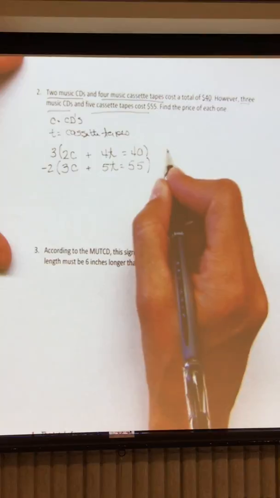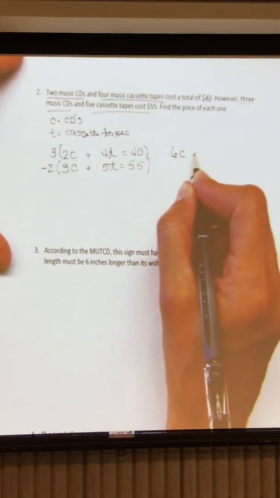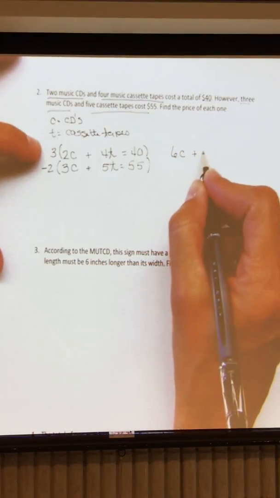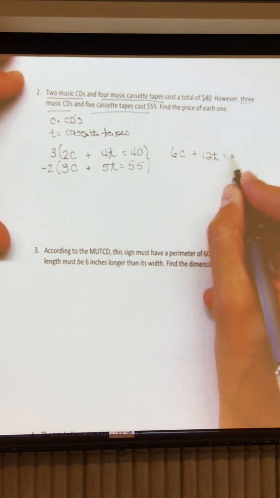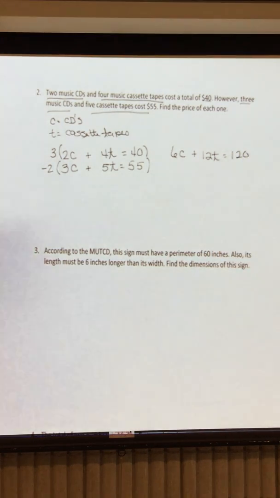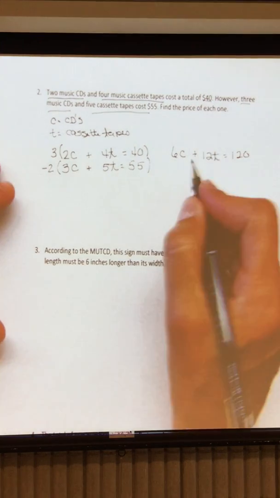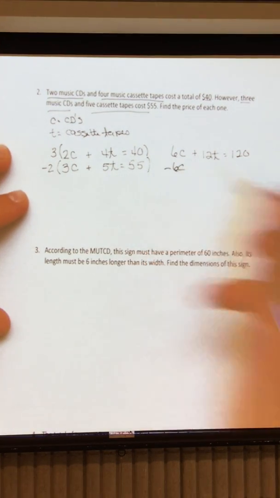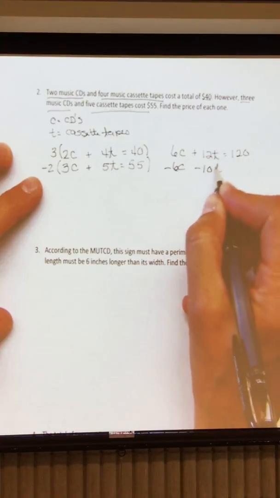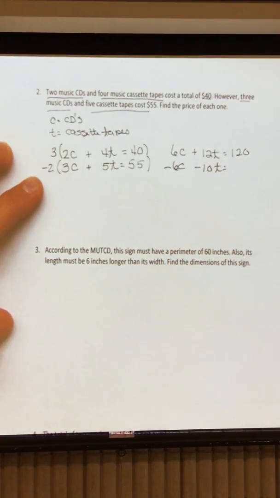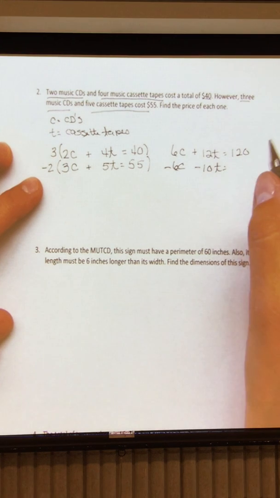We have 6C plus 12T is equal to 120, negative 6C, negative 2 times 5 is negative 10T, is equal to negative 110.